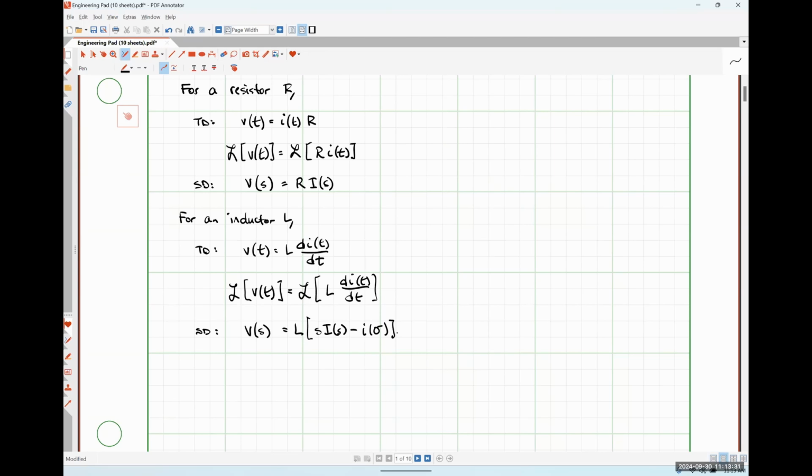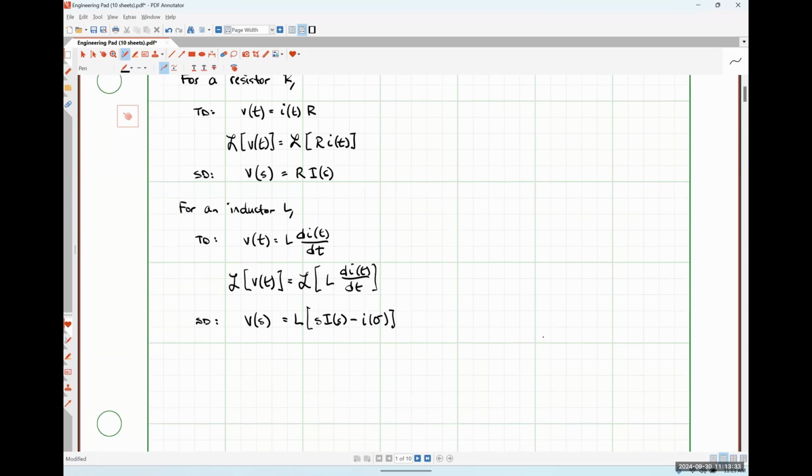So in the S domain, our inductance L is going to be replaced by an impedance SL that is connected in series with a voltage source.